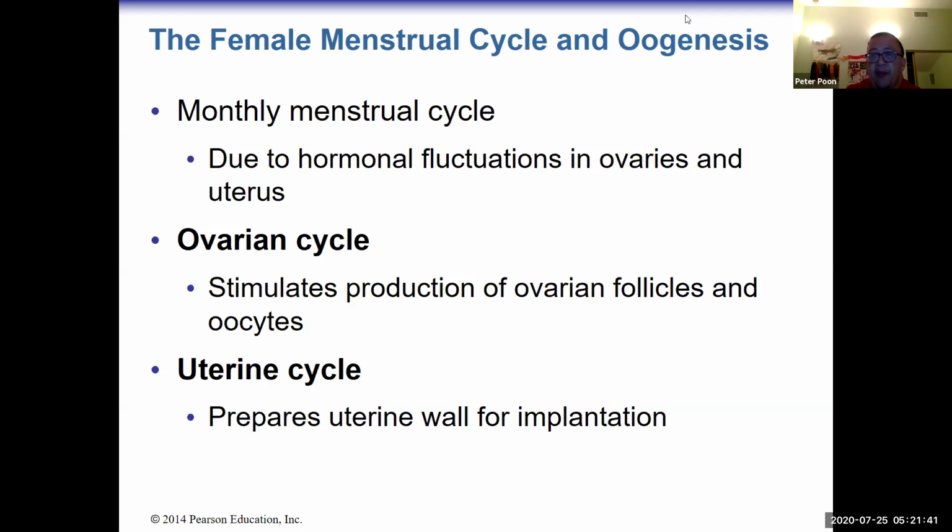We just talk about them differently because looking at them all in their entirety is a little complicated. Sometimes we focus on what's happening in the ovaries and call that the ovarian cycle, and then we look at what's happening in the uterus and call it the uterine cycle. But you can see they sync up very well.